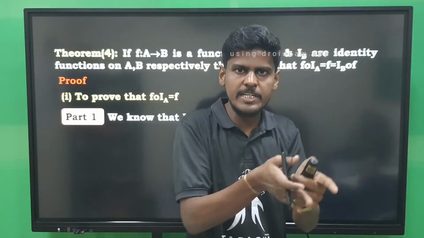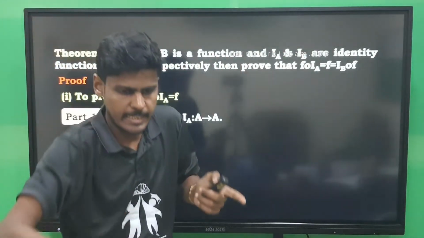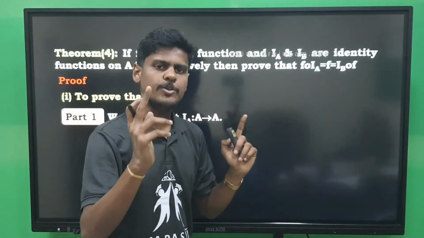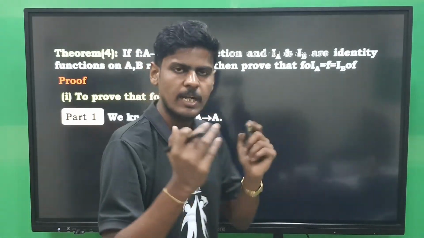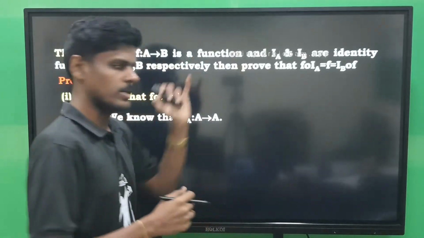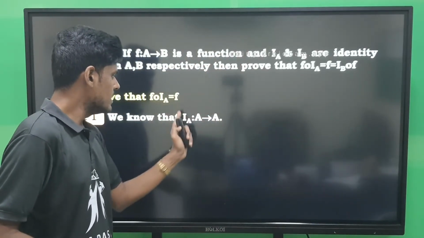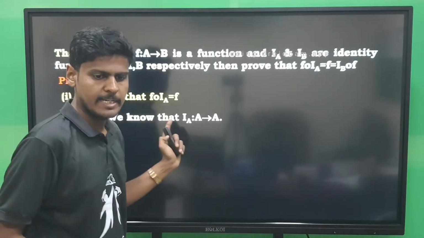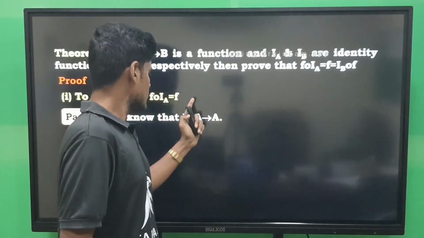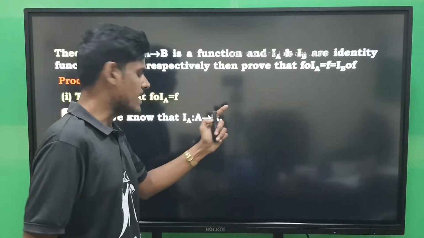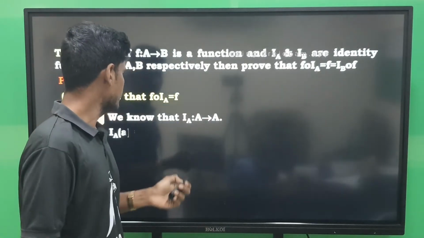That means every element in set A will be mapped to set A itself. So both the input and output values are the same. That is what is called the identity function, y equal to x. Here, set A is the input and set A is also the output. So it is mapped from A to A.